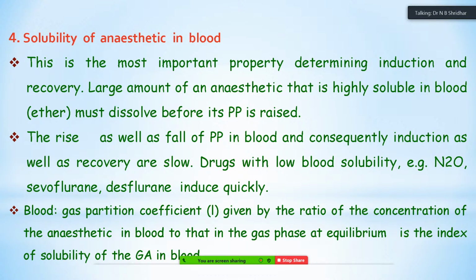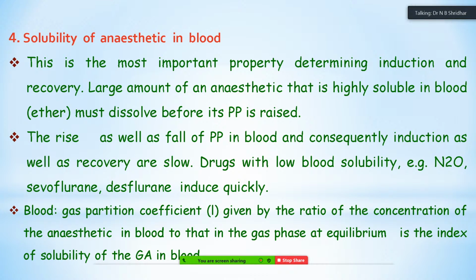So the solubility of an anesthetic in the blood is very, very important. If the solubility is higher, then the rise as well as the fall in partial pressure in blood, and consequently induction as well as recovery, will be slow.